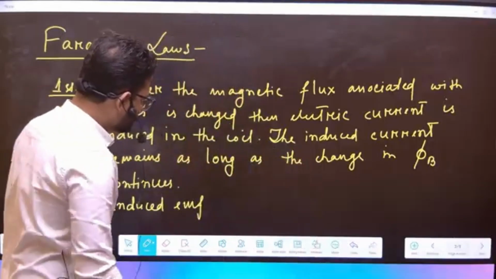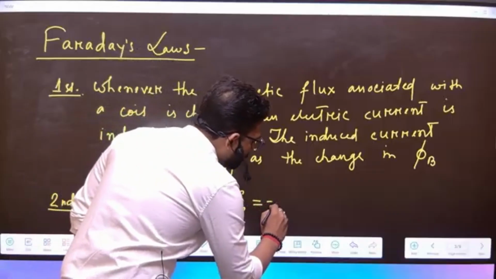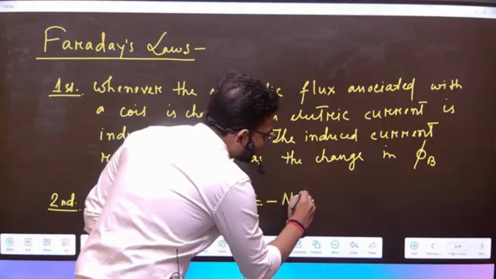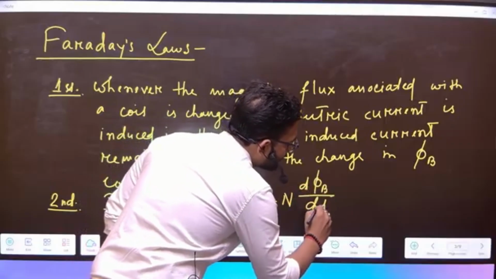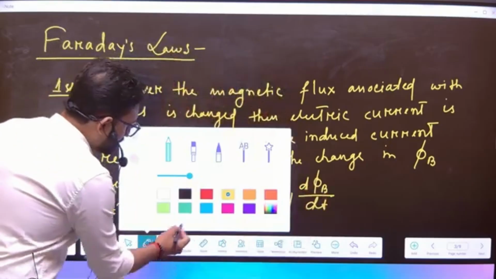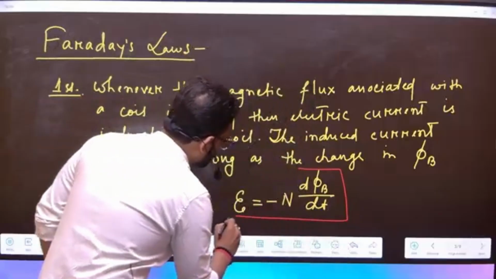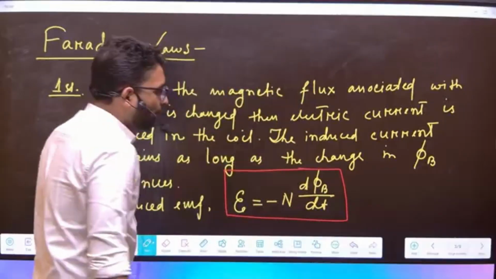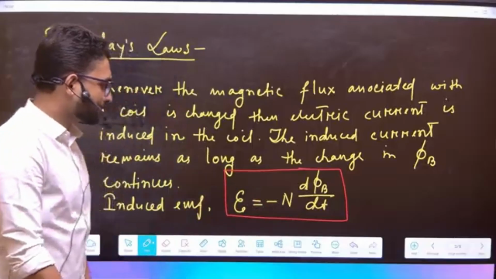So we may write for the second law, induced EMF E equal to minus N d phi B by dt. This is the most important formula which we will be needing to further understand the topics in this particular chapter. Why the negative sign? I will explain in a bit.